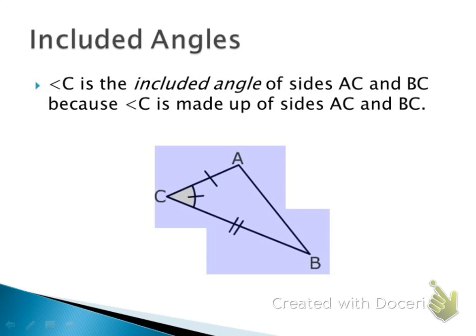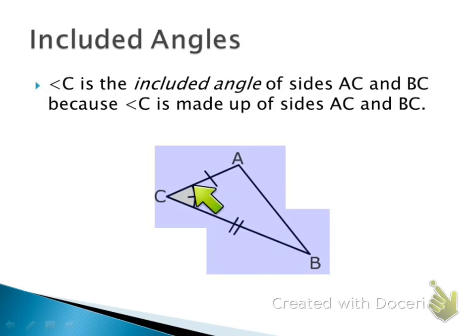Here's some more information that you don't really need in your notes, but it is something that we need to talk about. So this is all about the included angle. If you have a triangle like this that we're trying to match up with another triangle, if you know that AC has a corresponding partner in the other triangle, and CB has a corresponding partner in the other triangle, the angle has to be in between the two sides that you're given, okay?